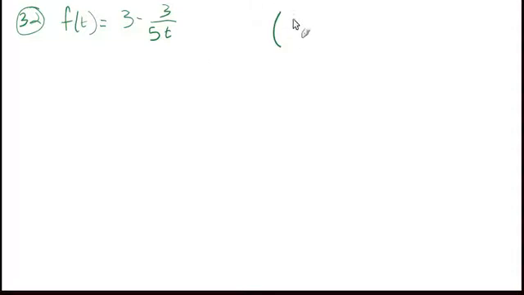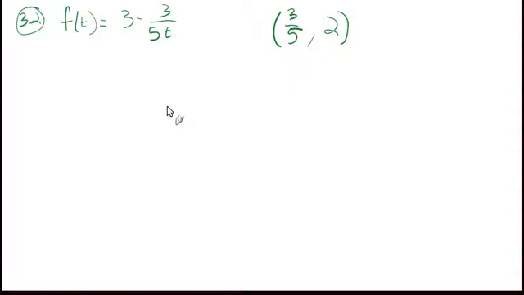And they're giving us this point, 3/5 comma 2. Okay, so we want to find the slope at this point. The slope of this graph at this point.